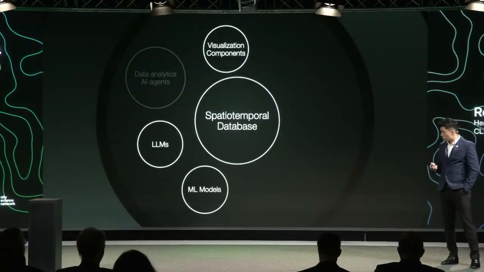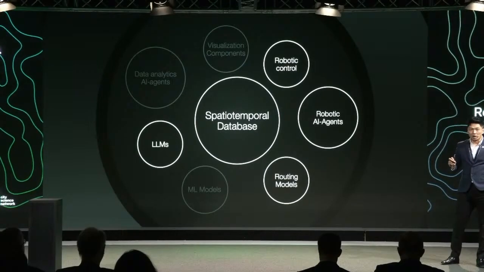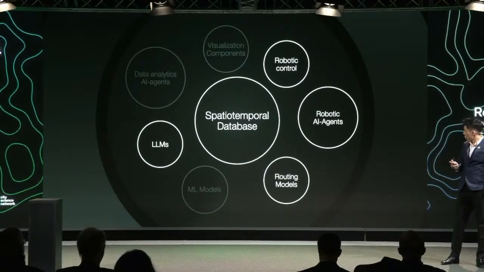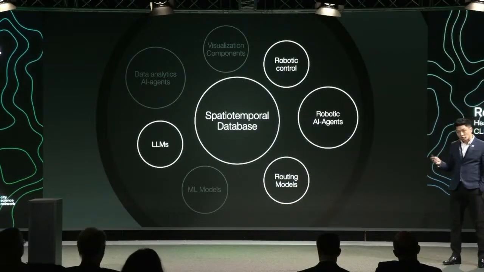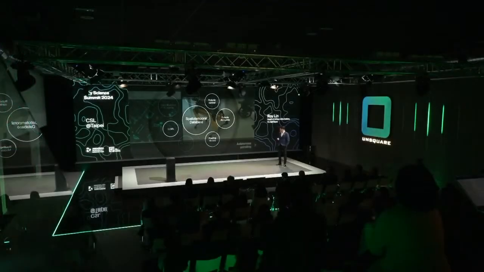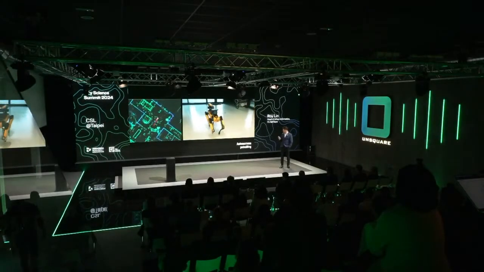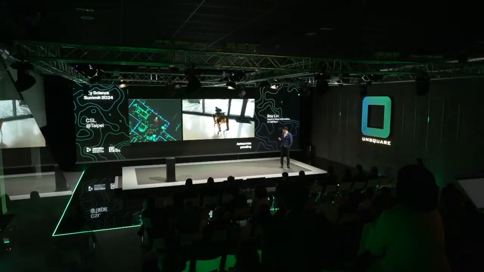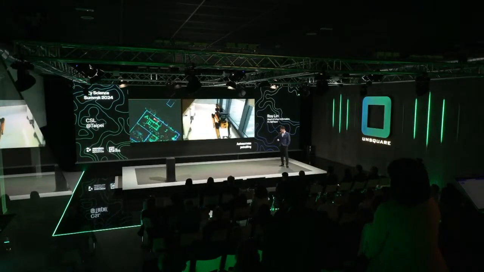On the other hand, for robotics, there are many different things that we are trying to implement right now, including multi-agent robotic control. One of the projects that we're working on right now is equipping the bots built by Boston Dynamics with the ability to do autonomous patrolling.